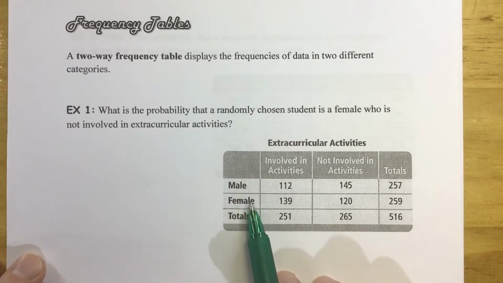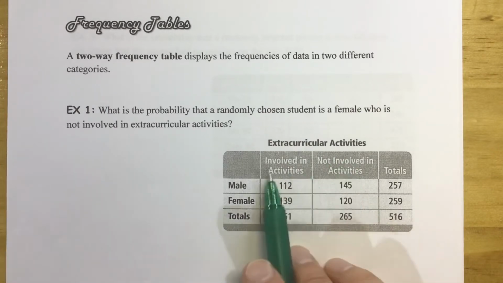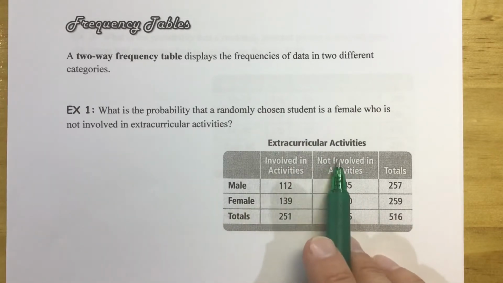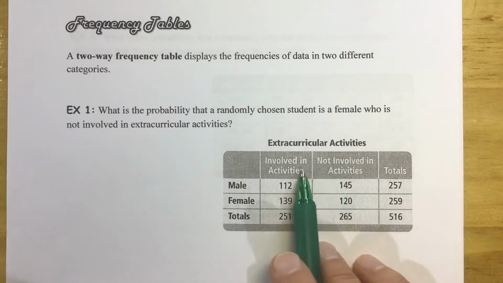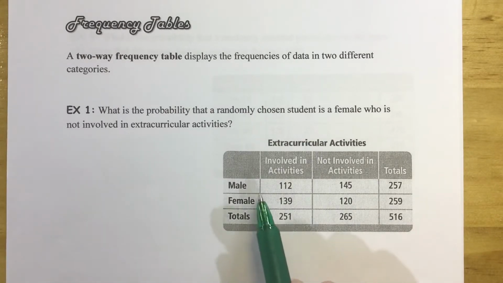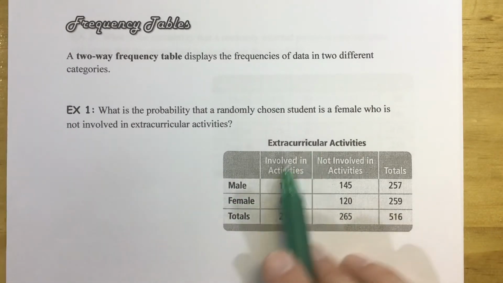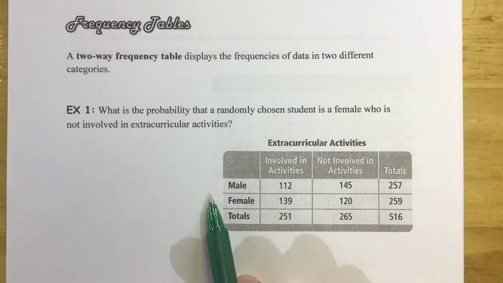You've got male and female. Then you've also got extracurricular activities: involved in activities or not involved in activities. Usually in these, the most common thing you see is your categories. So this is gender and this is extracurricular activities. Those are your categories. A category will be broken into 2 things, like yes or no, a binary sort of thing.